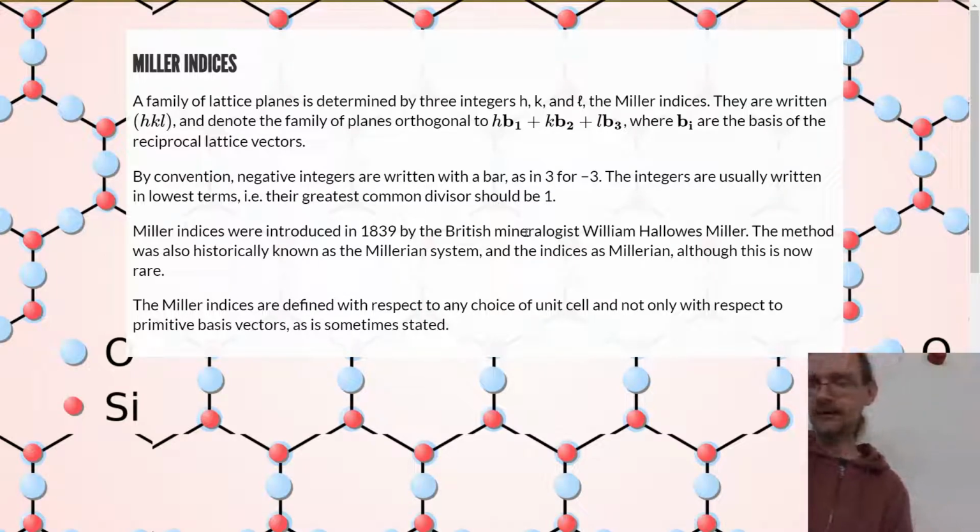And in fact, I sort of mentioned it when I talked about the real space and we've got the surfaces. There's something called Miller indices, named after William Miller. If you've got these reciprocal lattice vectors, you build any given reciprocal lattice vector by taking integer multiples of these reciprocal lattice vectors.